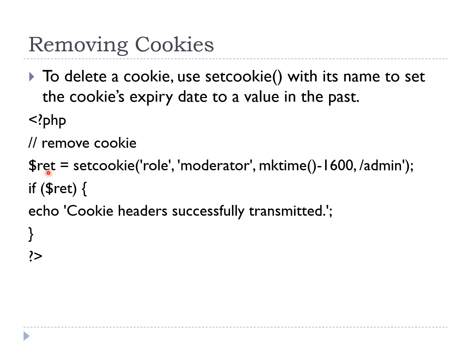Here is a code which demonstrates how we can remove a cookie. $ret equals setcookie of role, moderator, mktime minus 1600. mktime means current time minus 1600, which means that time is already over.